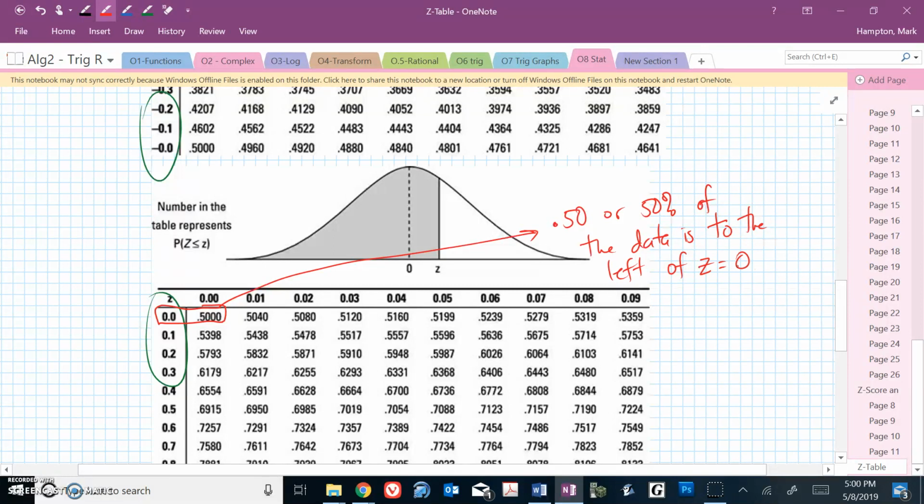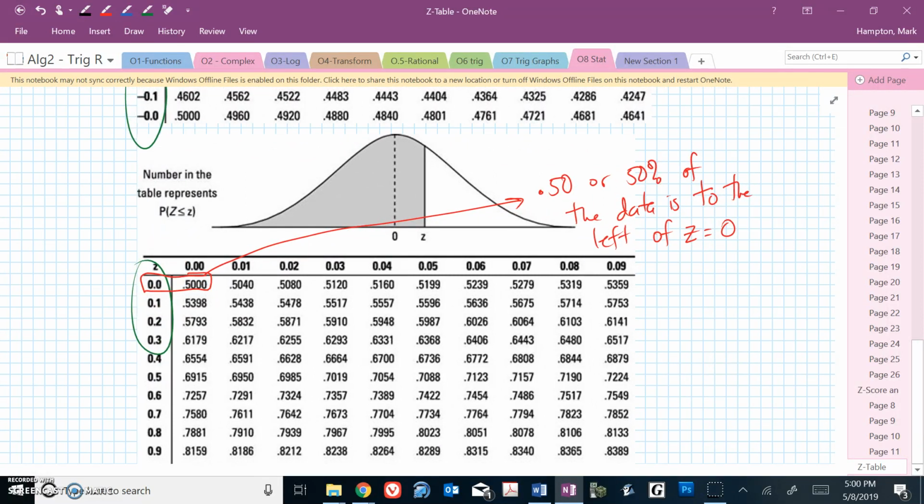Well, in our SAT problem, we had a 0.33. So we need to find 0.3, which is right here. And then we have to find the second 3, which is up here, and find out where these two cross. All right? And we got a 0.6293.